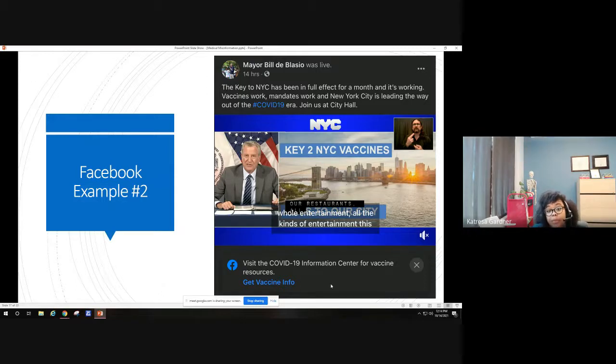So you'll see here at the bottom it says visit the COVID-19 Information Center for vaccine resources, and I'm sure you've seen that. Instagram has something similar. Twitter has their own precautions when information is published related to COVID-19 as well.